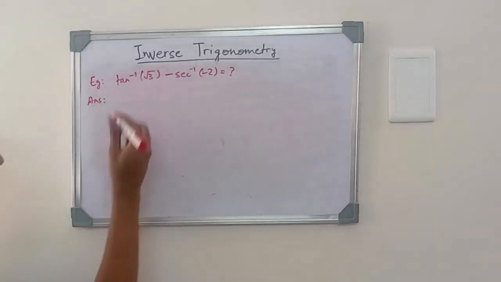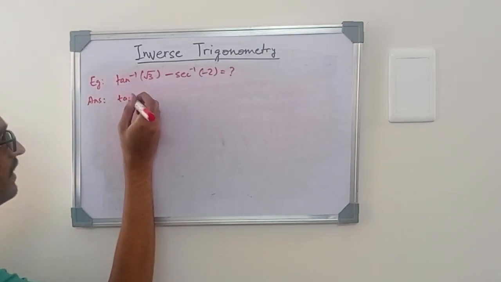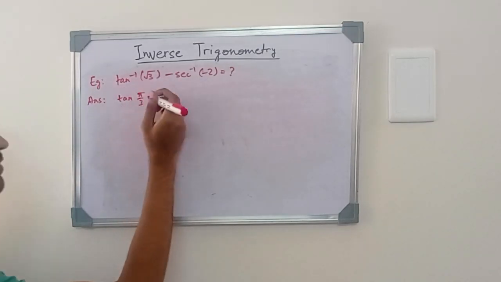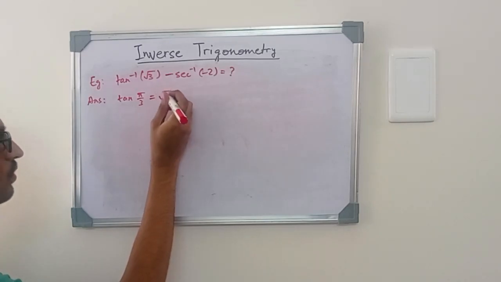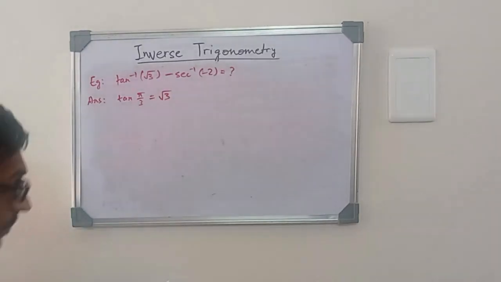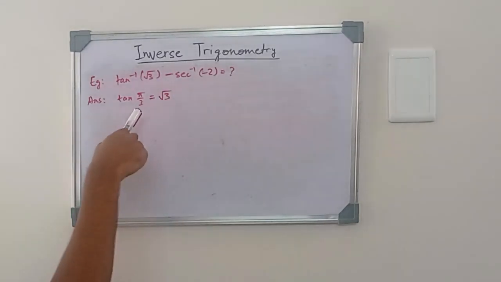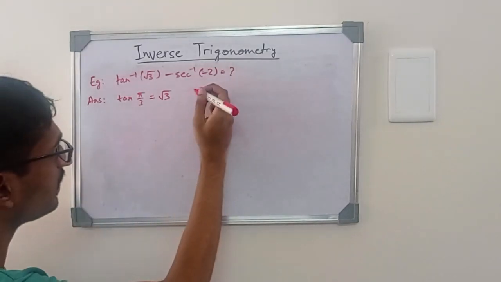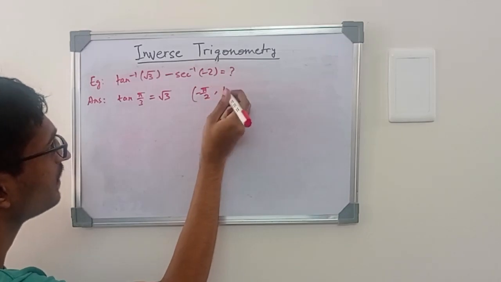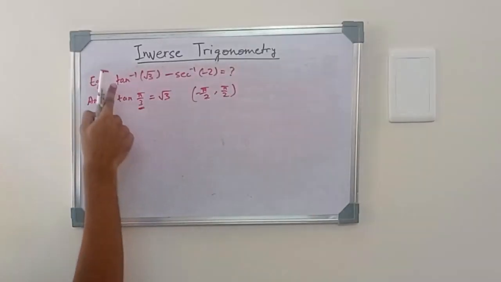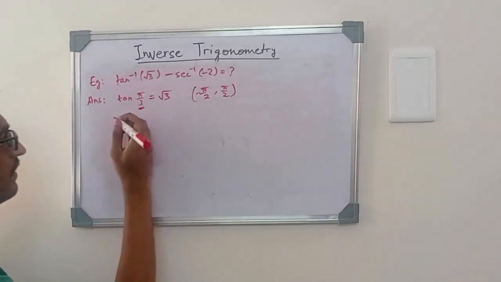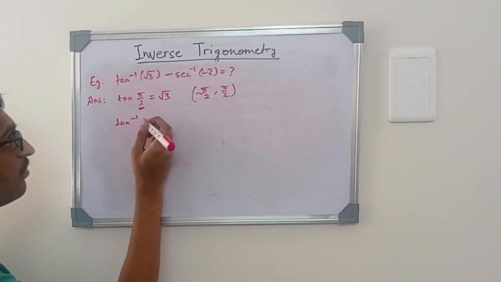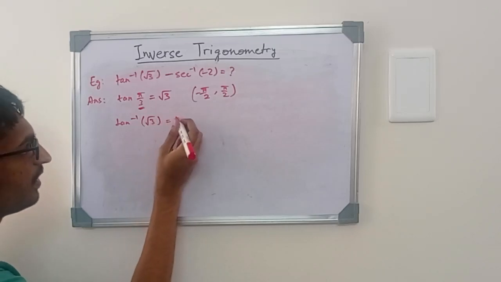Here we know that tan of pi by 3, or tan of 60 degrees, is equal to root 3. This angle is within the principal value branch of the tan inverse function, which is minus pi by 2 to plus pi by 2. So that means this angle will be the answer for this first term. Tan inverse of root 3 is equal to pi by 3.